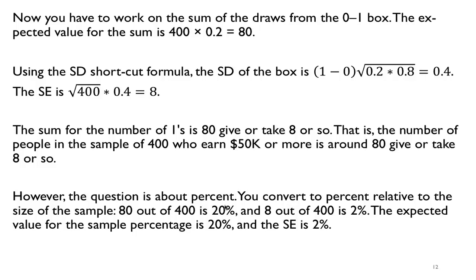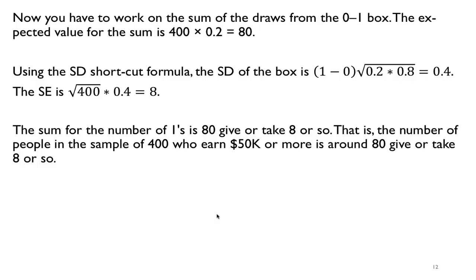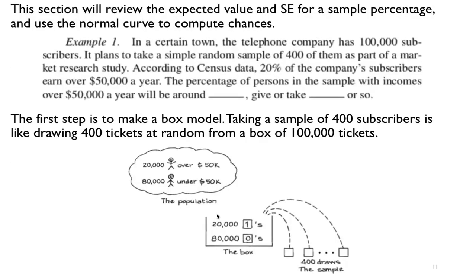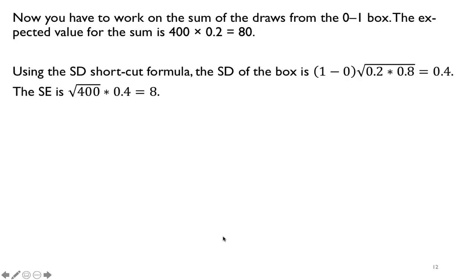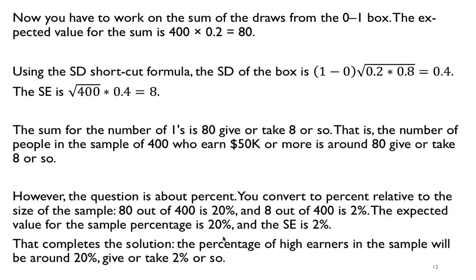And the 20% is not surprising because it reflects the 20% of the population. The population of the people who earn 50K or more is 20%, so when we draw 400 tickets, it's not surprising that our expected value for the sample percentage is also 20%.